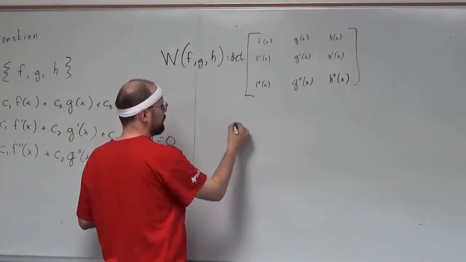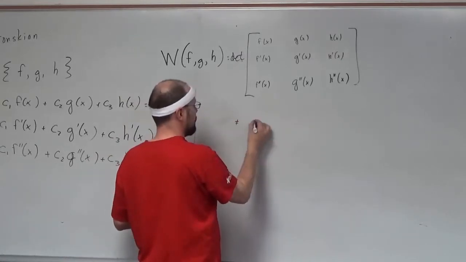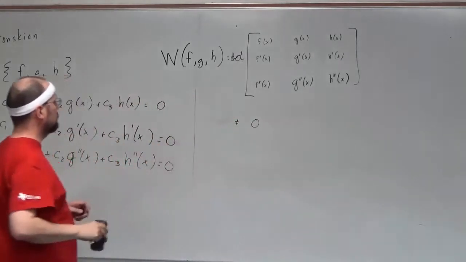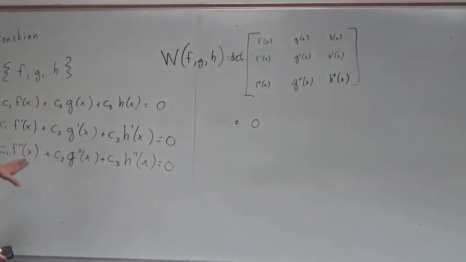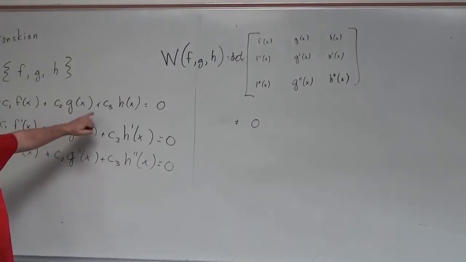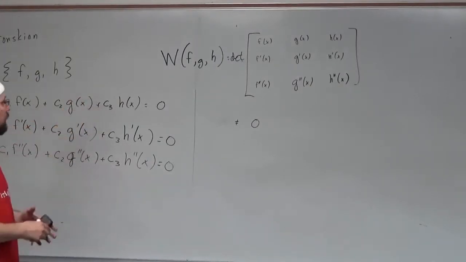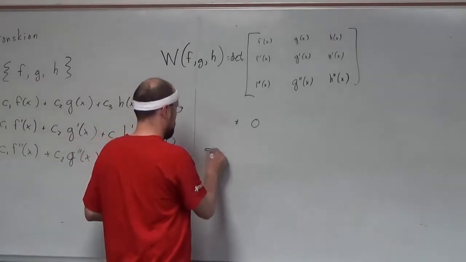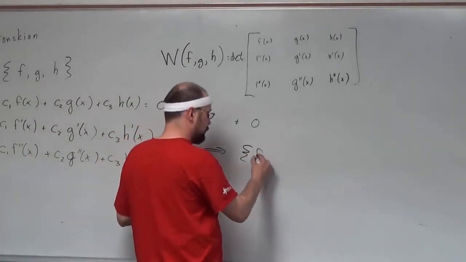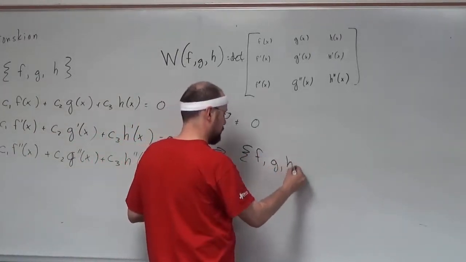And if the determinant is not 0, then we know that the only solution here is the trivial one. So we can say that this set of functions is linearly independent.